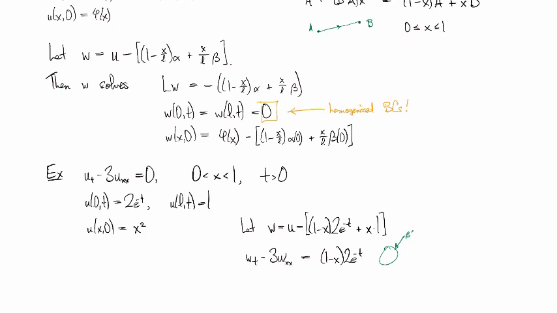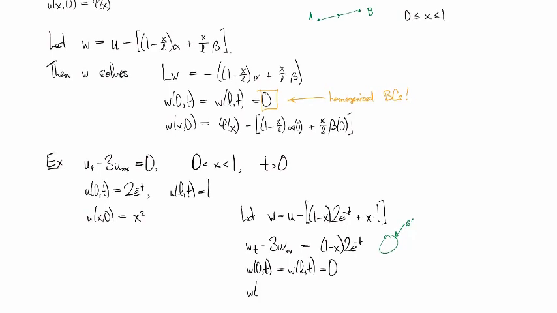Then we have, let's see, so now we've got w(0,t) equals w(L,t) equals 0, and we have w(x,0) being, so there's the x squared from the original phi term, and then coming from substituting the rest of this business at t equals 0, we end up with plus x minus 2.